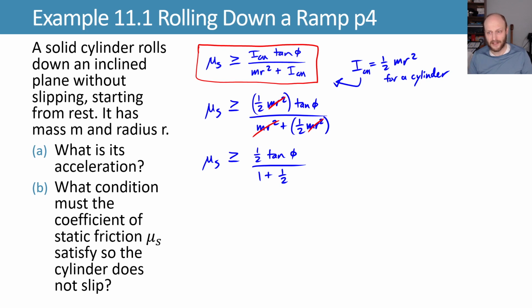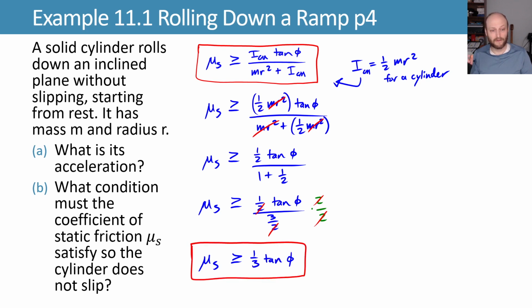That adds to 3/2 as before, which is the same as multiplying by 2/3, or we can multiply by 2 over 2 to cancel those out. And we end up with our coefficient of static friction for a cylinder has to be at least 1/3 the tangent of phi, which is a pleasingly simple expression to get out of an algebraically involved problem.